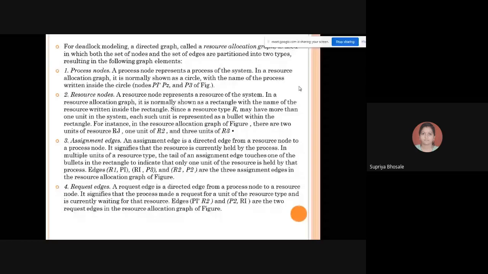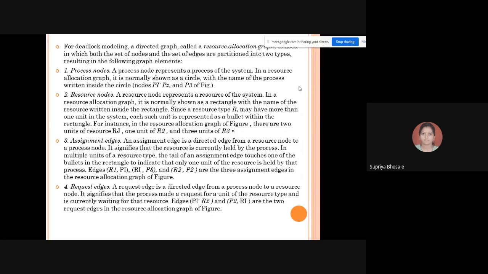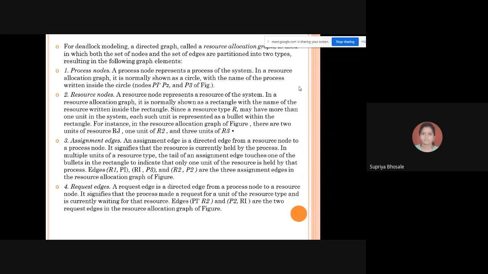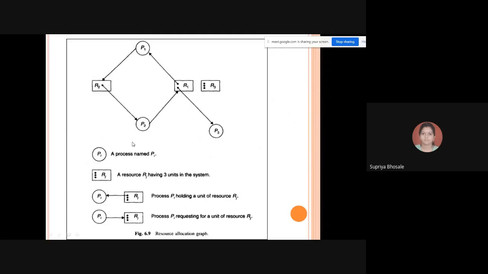Since a resource type R may have more than one unit in the system, each such unit is represented as a bullet within the rectangle. So for instance, in the resource allocation graph of the figure, there are two units of resource R1, one unit of R2, and three units of R3. They are shown with bullets like this.